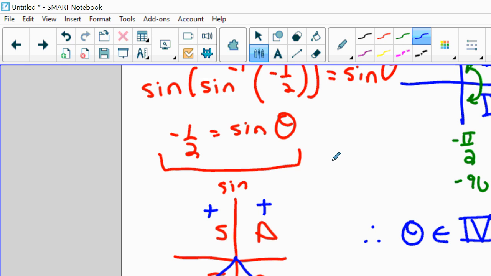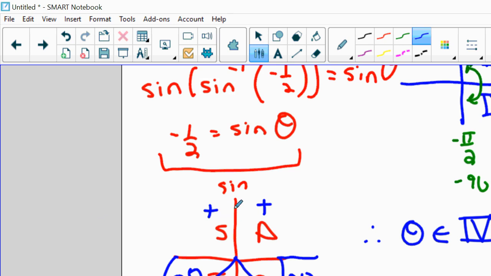Now it just comes down to, did you memorize this? When does sine theta equal 1/2? Well, it's 30 degrees, or look it up in a unit circle. So this is 30 here, and this is 30 here. Therefore, that'd be 210 and 330.